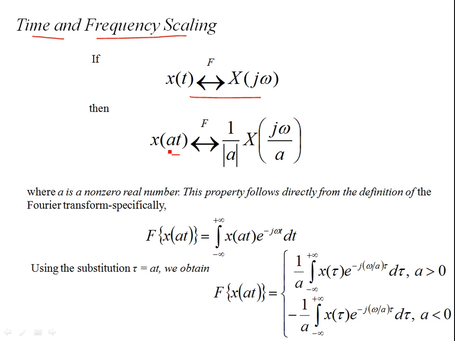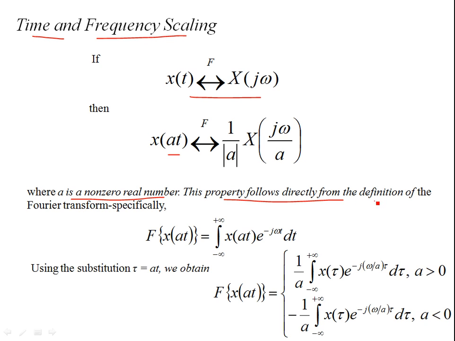So the compression in time will imply expansion in frequency. It's just like with a sinusoidal signal: if you go on increasing the time period, in the frequency domain the fundamental frequency is decreasing, right? So it's as simple as that. Here a is a non-zero real number in this property.